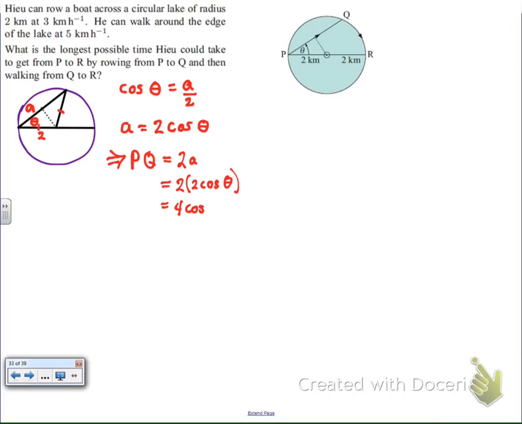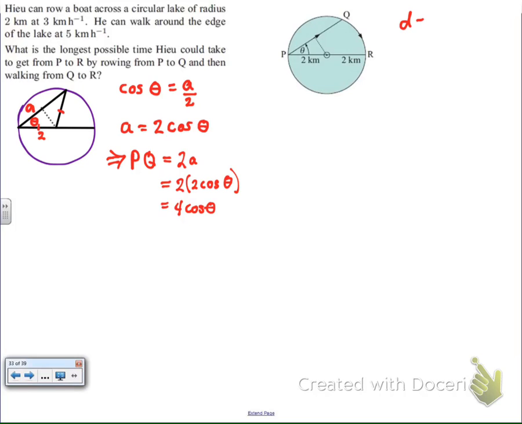Now I jumped ahead a little bit here: PQ is 2 of those a lengths, therefore 2 times 2 cosine theta, or 4 cosine theta. So that is the length of PQ.